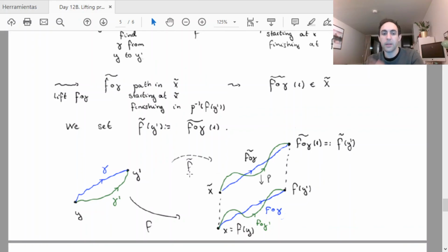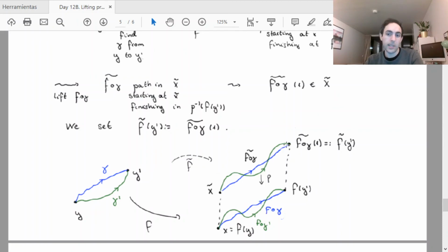Because what I depicted here could happen, which is that I can choose some other gamma tilde such that maybe gamma tilde and gamma aren't even homotopic to each other. That could very well happen. And now when I do the same process for gamma tilde, I map to some f of gamma tilde and I lift it.